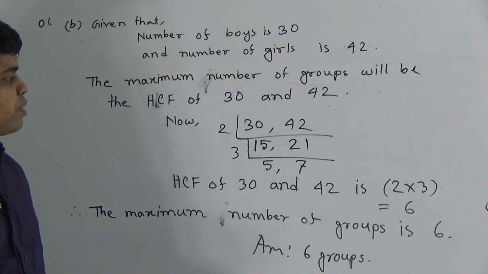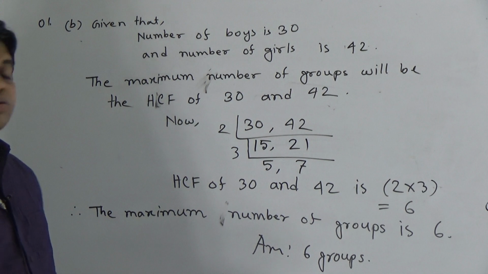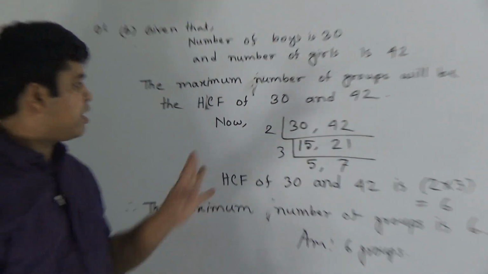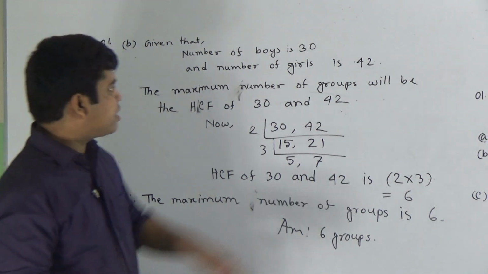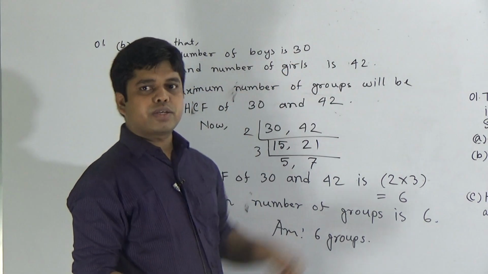I hope you have understood question number B. Next we shall solve question number C. In order to solve question number C, we need the information: how many groups are made by using these 30 boys and 42 girls.